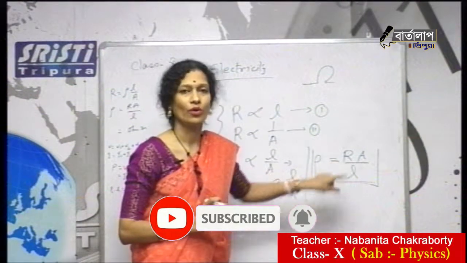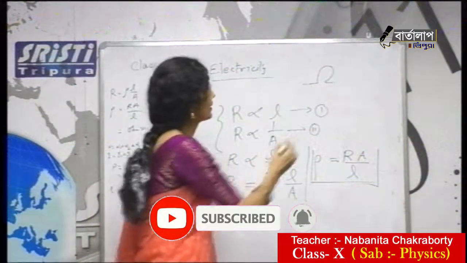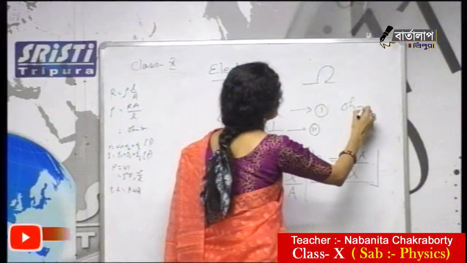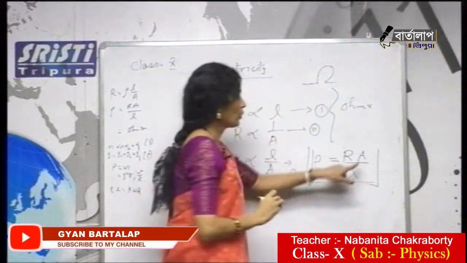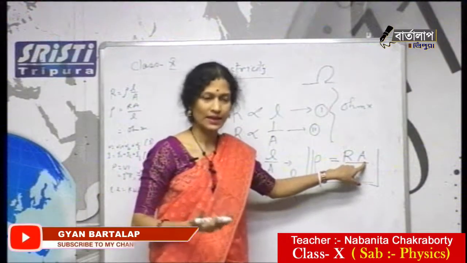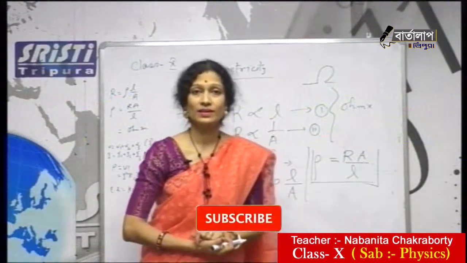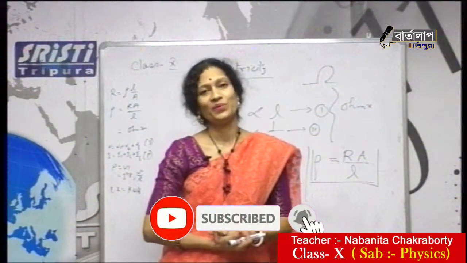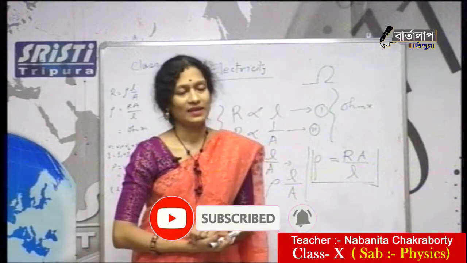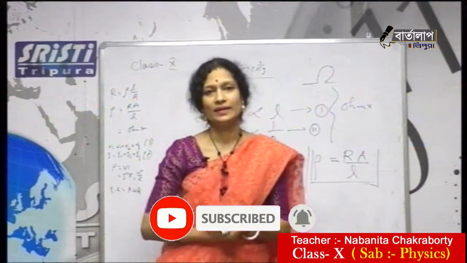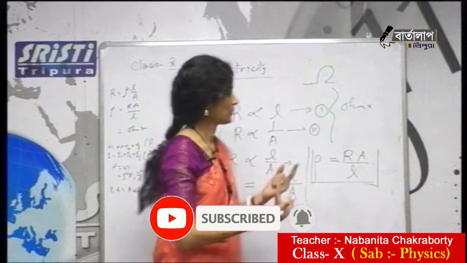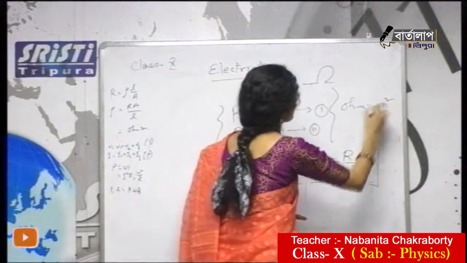The unit of resistance is ohm. What is the SI unit of cross-sectional area? You know that very well. Whenever we use the area, we can write meter square.